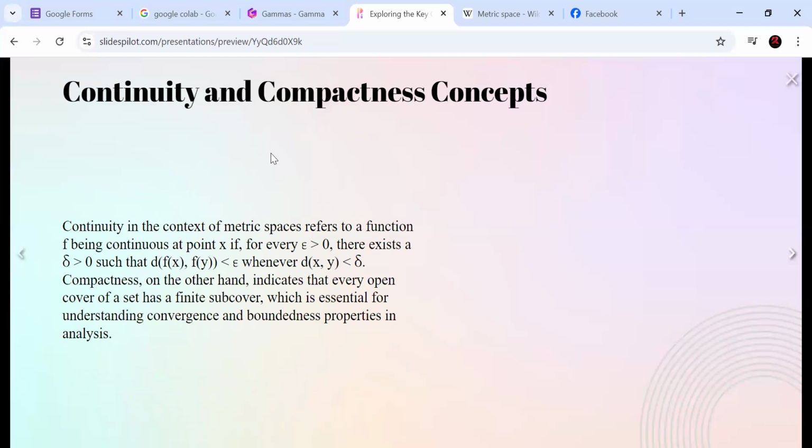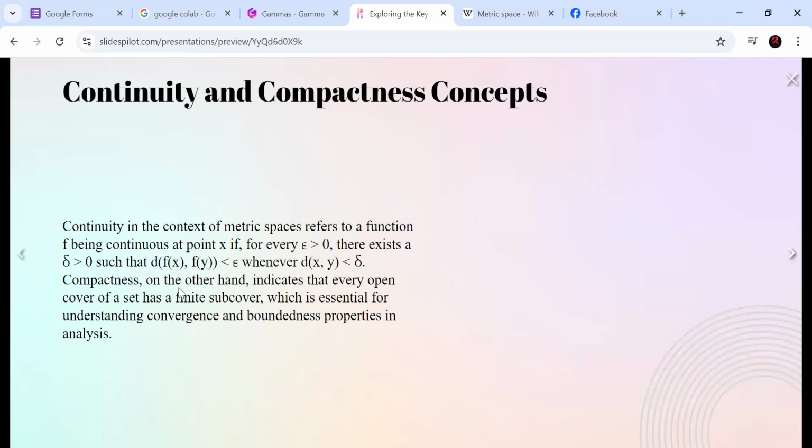Continuity and compactness concepts. What are continuity and compactness in a metric space? Continuity, in the context of metric space, refers to a function f being continuous at a point x if for every epsilon greater than 0 there exists a delta greater than 0 such that the distance of f of x and f of y is less than epsilon, whenever the distance of x and y is less than delta.